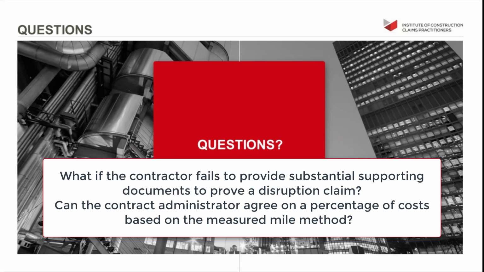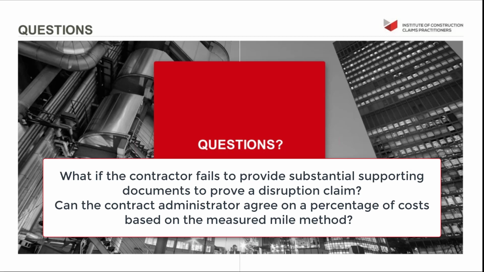I think there's not many better ways of establishing disruption. But as with everything, it hinges on the quality of records that you have available and that you're able to put forward to the contract administrator for ascertaining the claim. I hope that answers the question there.